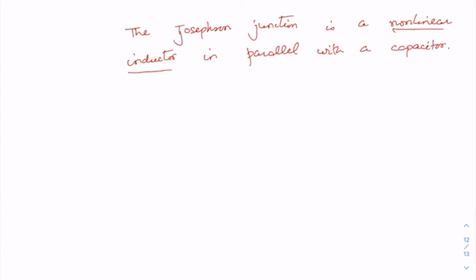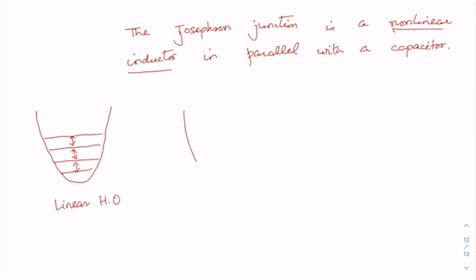In a linear harmonic oscillator, all the energy levels are equally spaced. But when we have a nonlinear element like this Josephson element or nonlinear inductor, this harmonic ladder becomes anharmonic, and we don't have equal energy spacing.